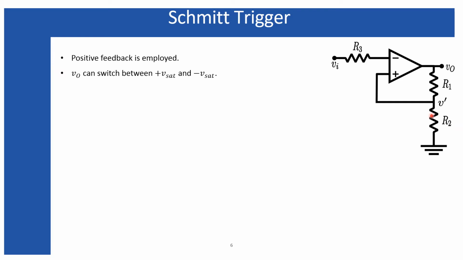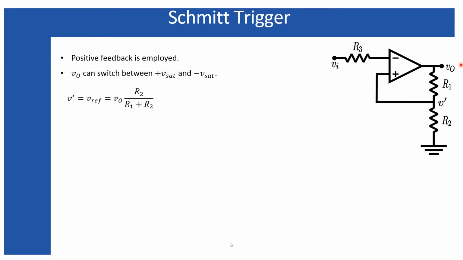Here the operational amplifier itself is a high gain amplifier, even if it is non-ideal, and by applying this positive feedback, the gain increases even more. Therefore, this operational amplifier should work as a comparator with the reference voltage across R2.